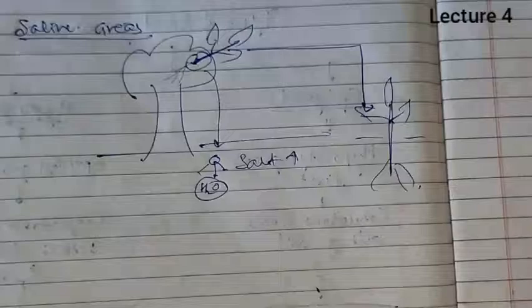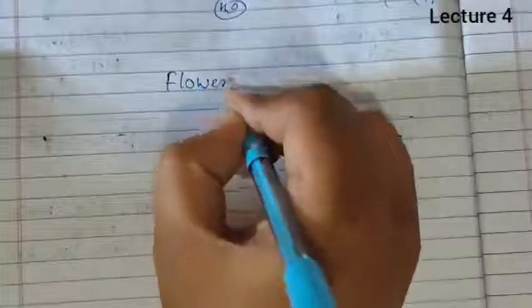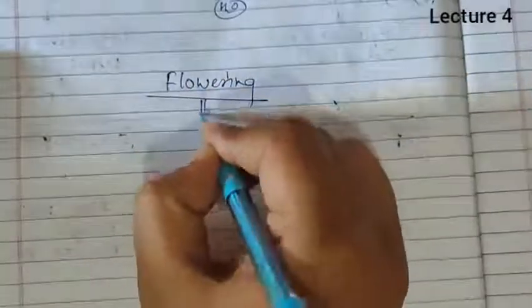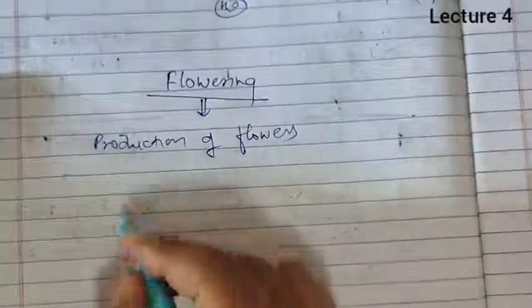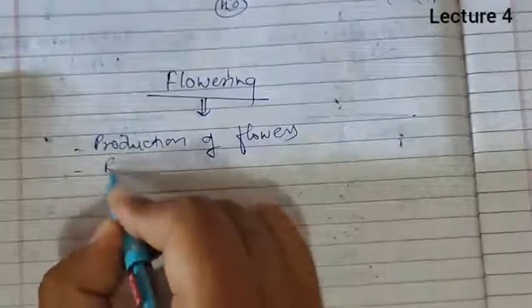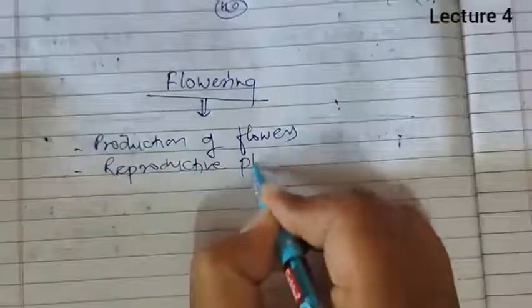Okay, so this is with respect to seed germination. Now next topic which we are going to discuss is flowering. Now flowering involves production of flower, and if flowers are formed, it means it is a part of reproductive phase.